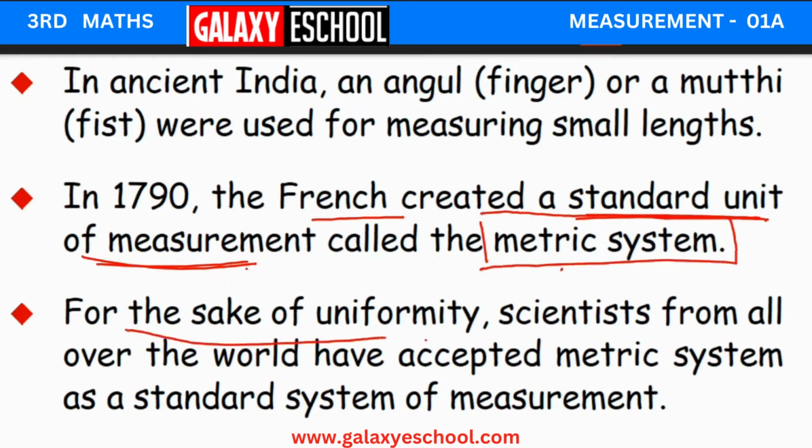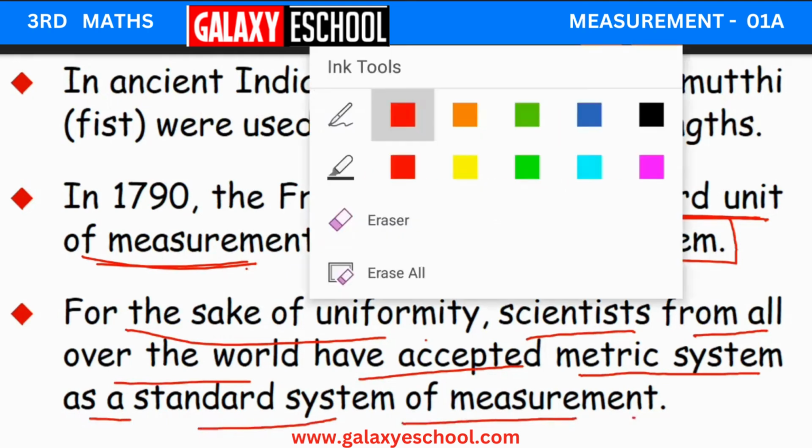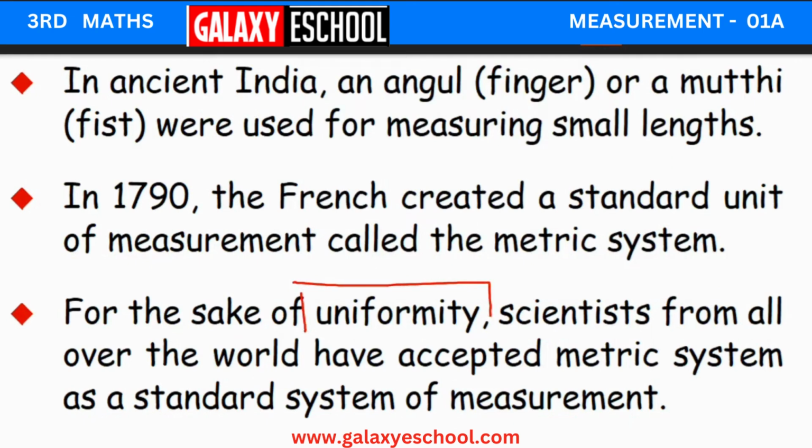For the sake of uniformity, scientists from all over the world have accepted the metric system as a standard system of measurement. Uniformity means the same, so that the measurement is the same all over the world. No matter who measures the length, the overall length should be the same.